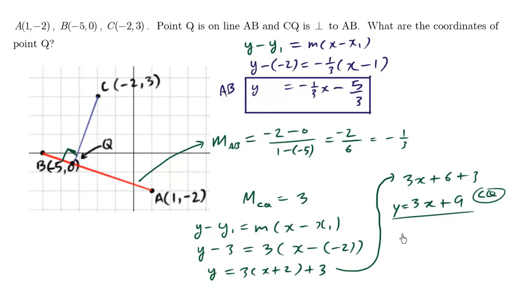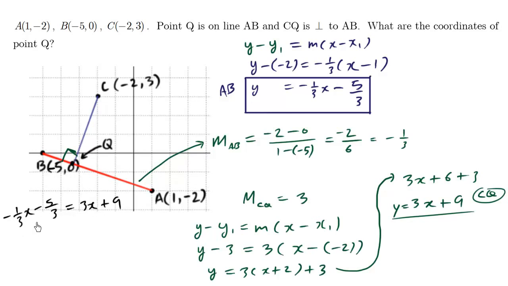Now to finish off here, we want to find the point of intersection, so we set the 2 equations equal to one another. We have the same y values, so we can equate the other parts. So if I say that -1/3 x minus 5 over 3 is equal to this other line, 3x plus 9, we have this nice equation where we only have one unknown variable x. We can solve for x.